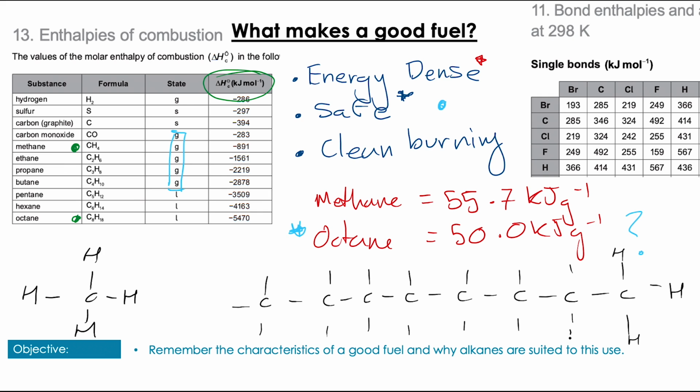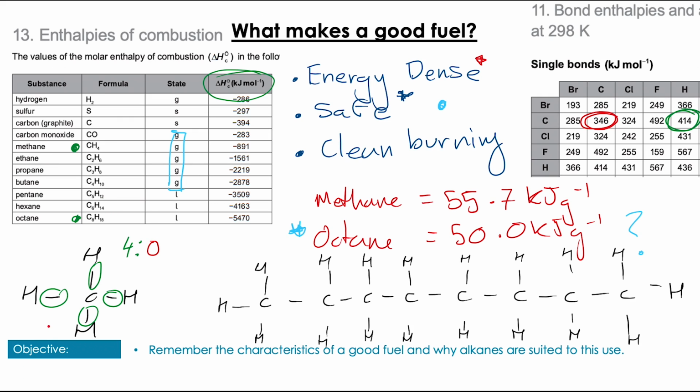If we draw these molecules out, what do we end up seeing? This is where we have a look at our bond enthalpies. If we have a look at methane, on the left-hand side, and we look at the bond energies, we see we have 4 CH bonds, which have a bond enthalpy of 414. So 4 CH bonds and 0 CC bonds.